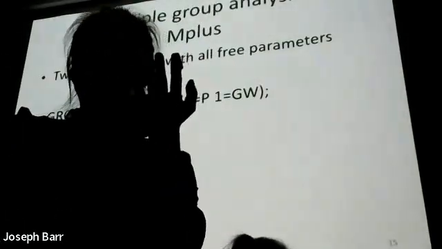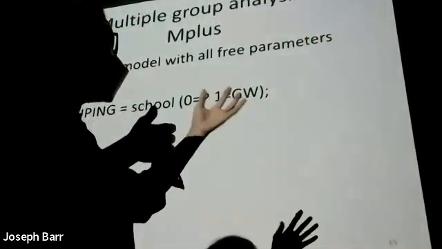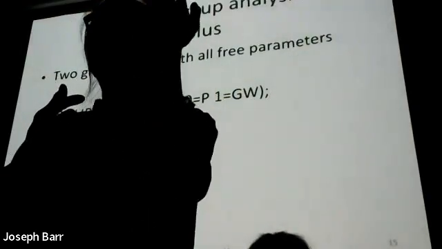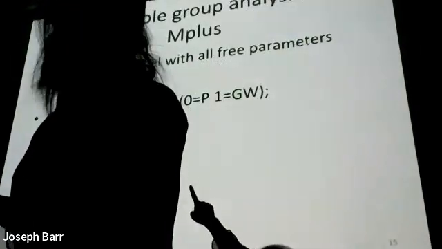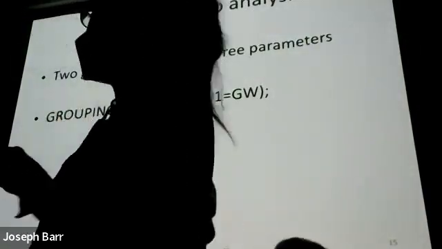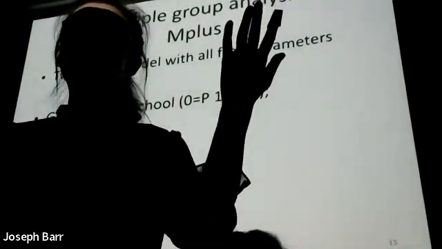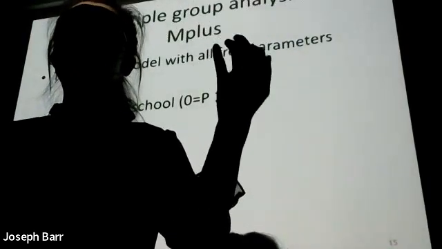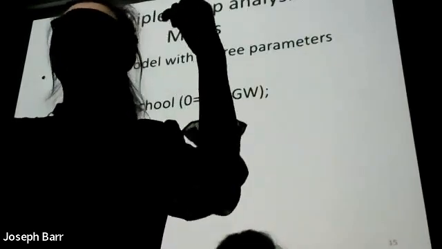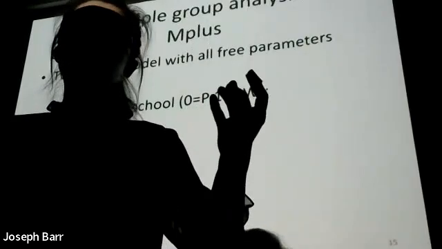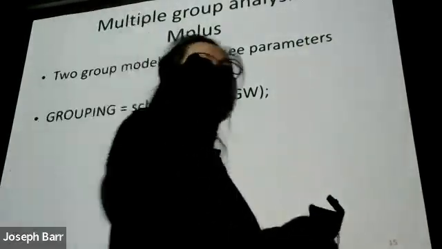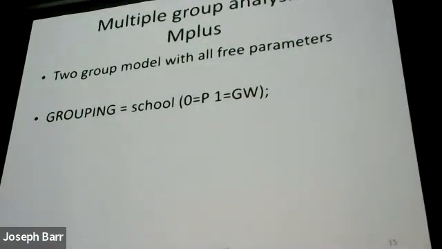The other model, the two-group model, has the same lambda: lambda for P school and lambda for GW school are the same. Then you do the model comparison, to see if the chi-square difference is significant or not. That is, whether the reduced model, assuming they're the same, is significantly worse than the full model or not.